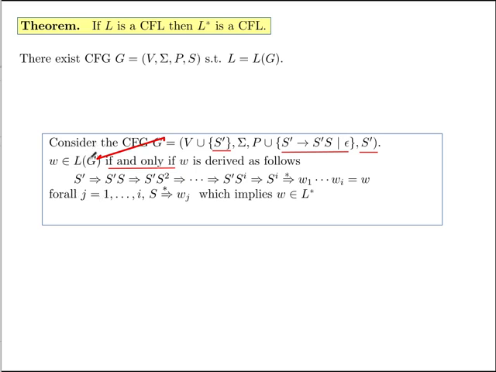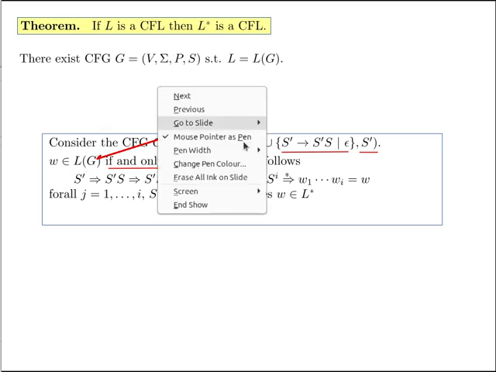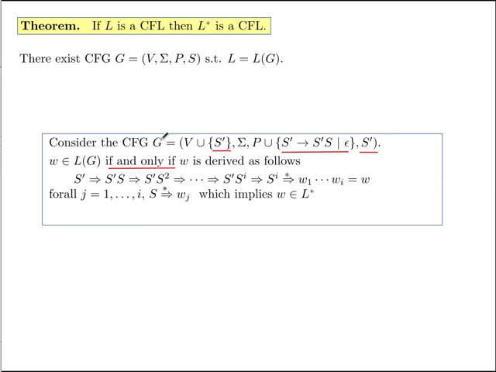So now again, when can some W be in this G prime? So I'm talking about G prime here. So when can this be generated by G prime? It can happen if and only if you can derive this W from this S prime.